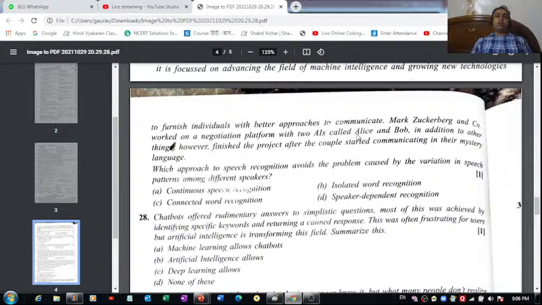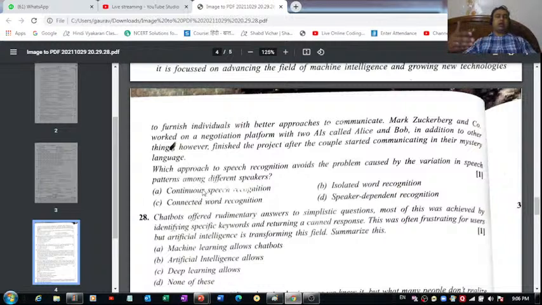This one is the first one, Alice, and the other one is Bob. So they are now communicating with each other. They finished the project after the couple started communicating in their mystery language. Which approach to speech recognition avoids the problem caused by the variation in speech patterns among the different speakers?